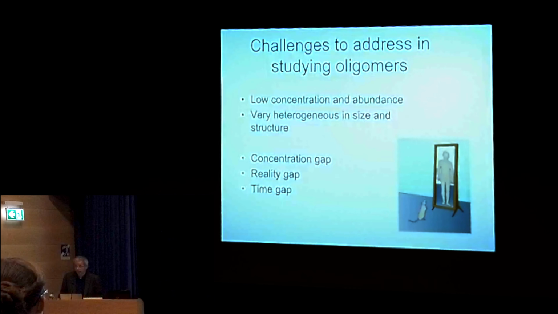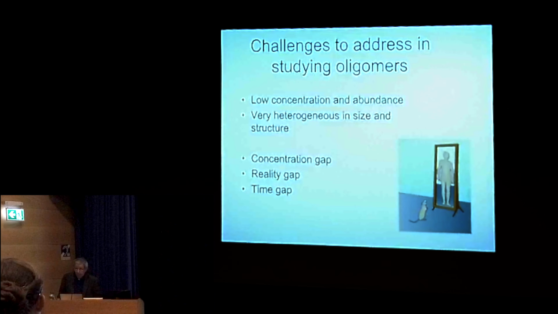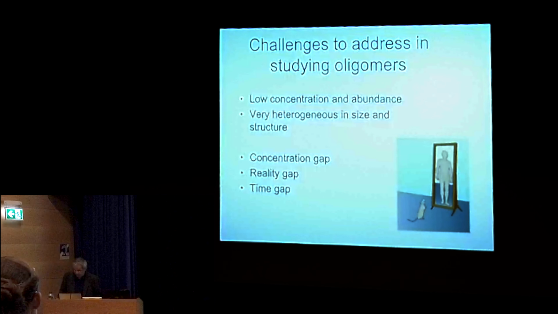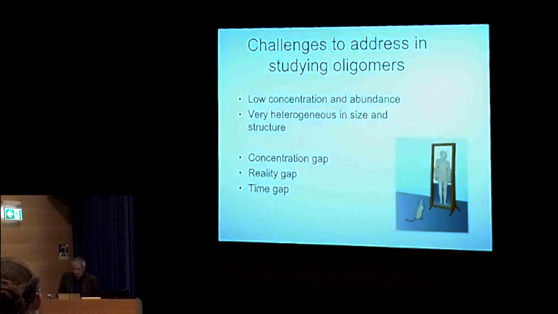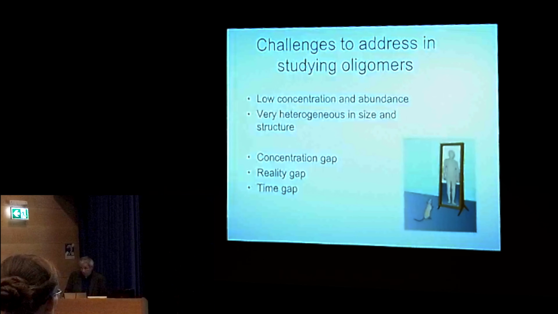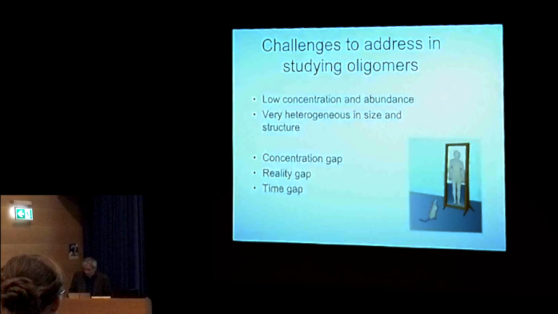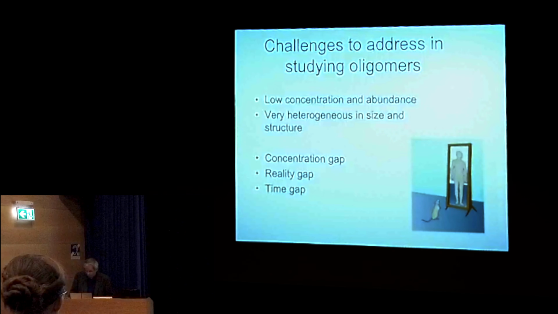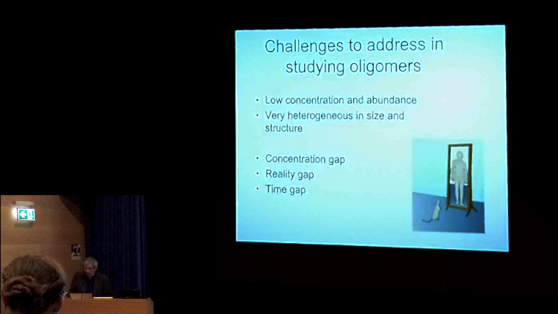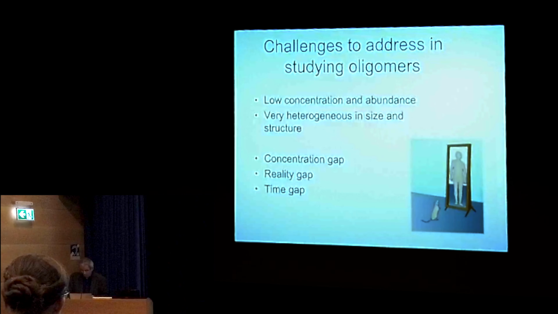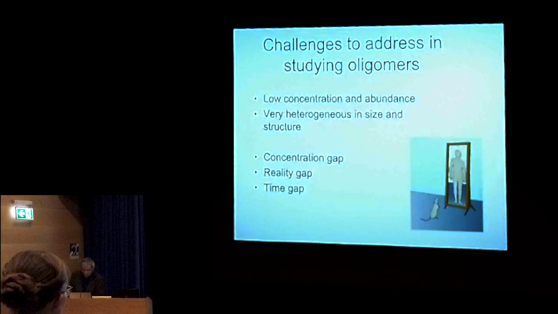And then lastly, there's this time gap. We study aggregation in 24 hours, and it takes decades to develop the disease. And a lot of experiments are done in mice, and mice aren't really like humans. Their brain is smaller, the ratio of astrocytes to neurons is different, and so they're not perfect models of what goes on in human beings.